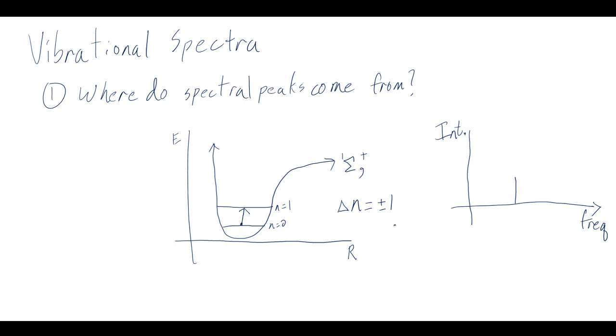If this is an atom, there are no vibrations. This doesn't matter. But in molecules, there are vibrations, and if we're doing IR spectroscopy, our IR spectrum we'd expect to look something like this.